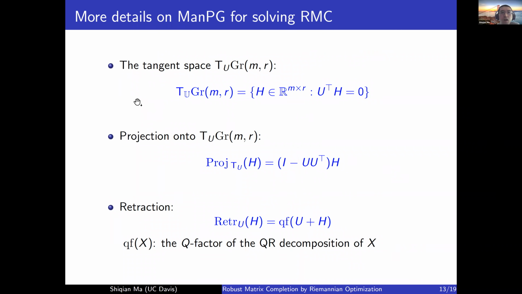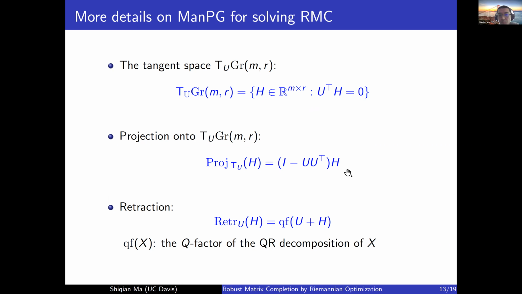Now let me give you more details about the ManPG for solving this problem. In this problem, we have a Grassmann manifold. The tangent space of the Grassmann manifold can be written in this way. And the projection onto the tangent space is not very difficult.